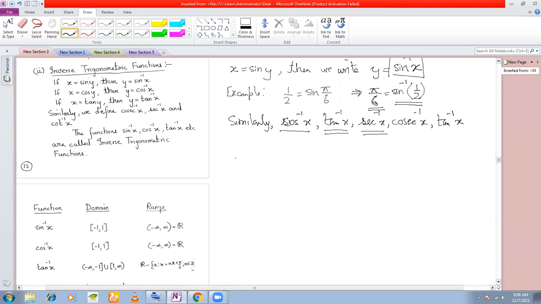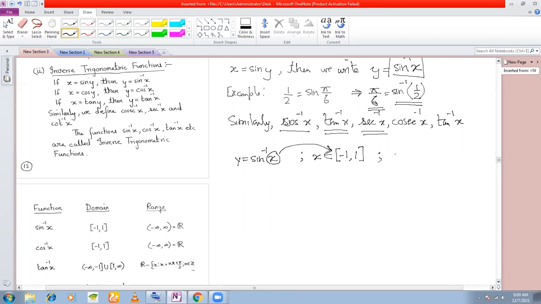Now, if you have y is equal to sine inverse x, then the domain of the function, that is x, will always lie between -1 and +1. Remember, okay, this x here will always lie between -1 and +1.